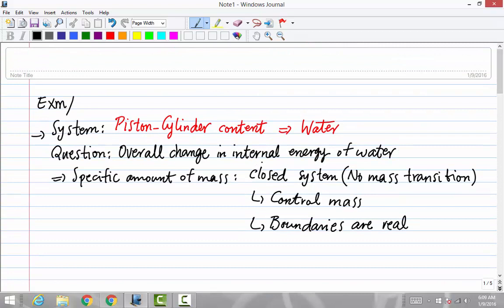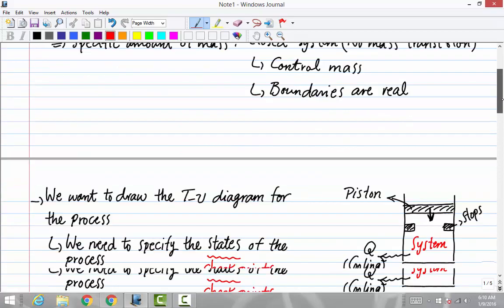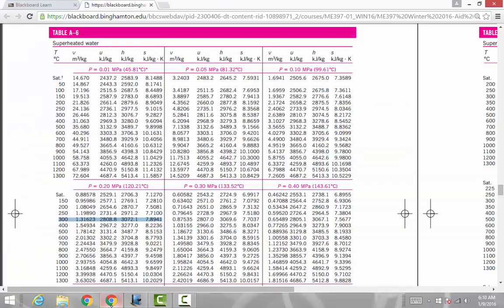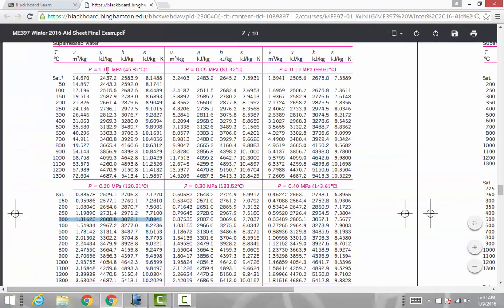Overall change in internal energy. Internal energy is U. And in the table, U is there, here. So it's like the third information, 2808.8 what? Kilojoule per kilogram.